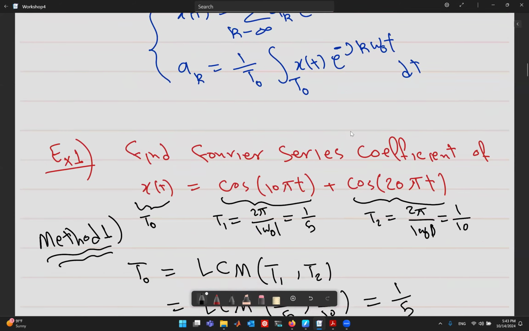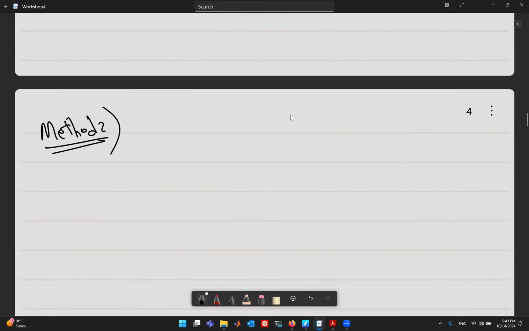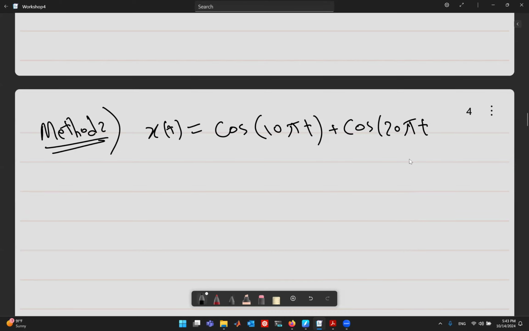Okay, so I write again the signal x(t). x(t) is cosine 10 pi t plus cosine 20 pi t.